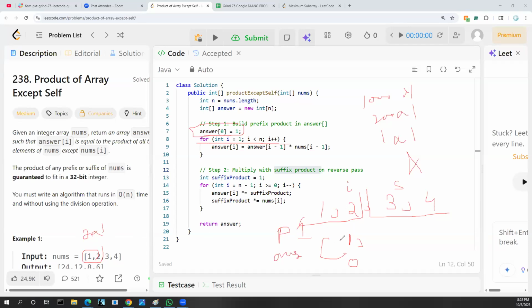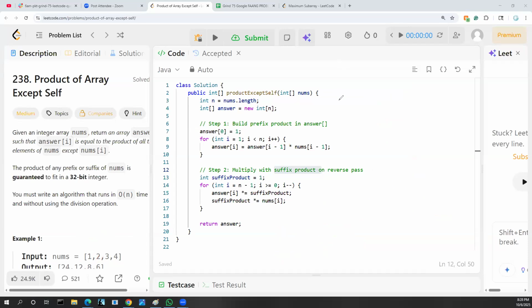But here, this is my prefix, this is my answer array. I'm going to exclude 2, and let me write this clearly so it's not confusing. Right now, this is the only element in the answer, which is my prefix.